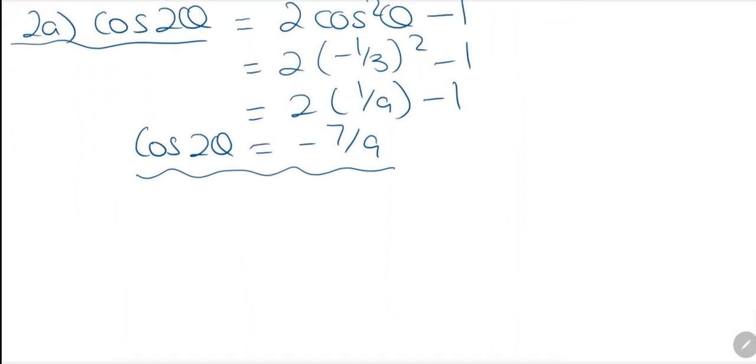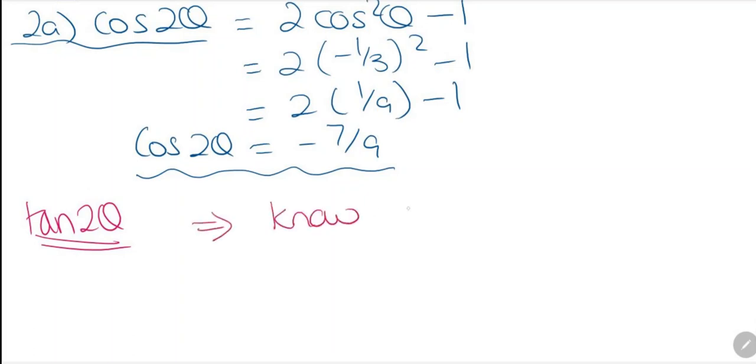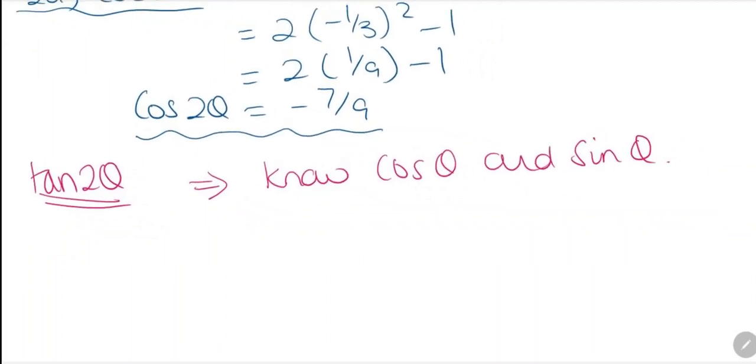Now we need tan 2 theta. To find this, we need to know cos theta and sine theta. We know cosine, but we don't know sine, so we're going to have to find the value for sine.